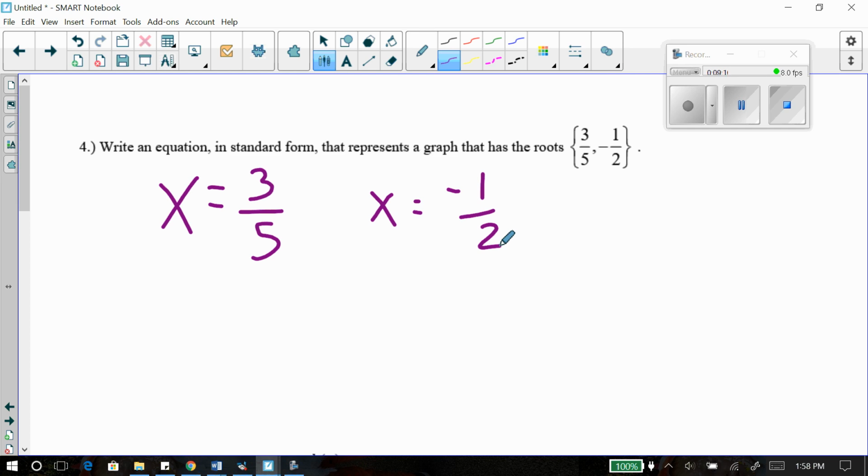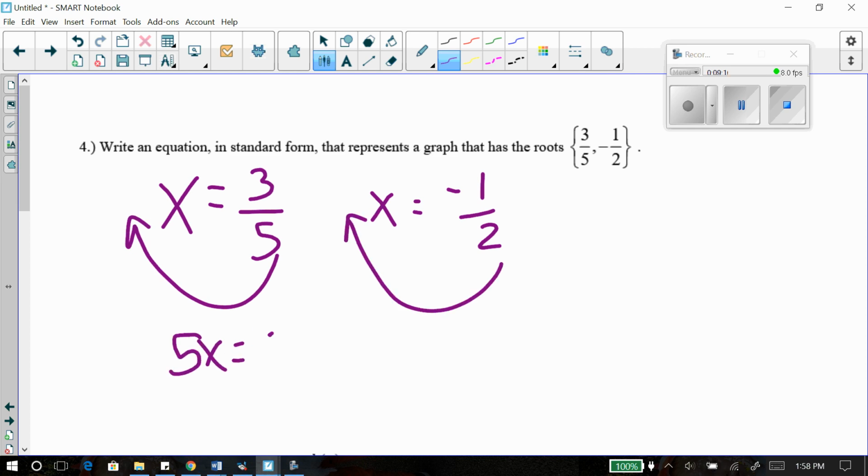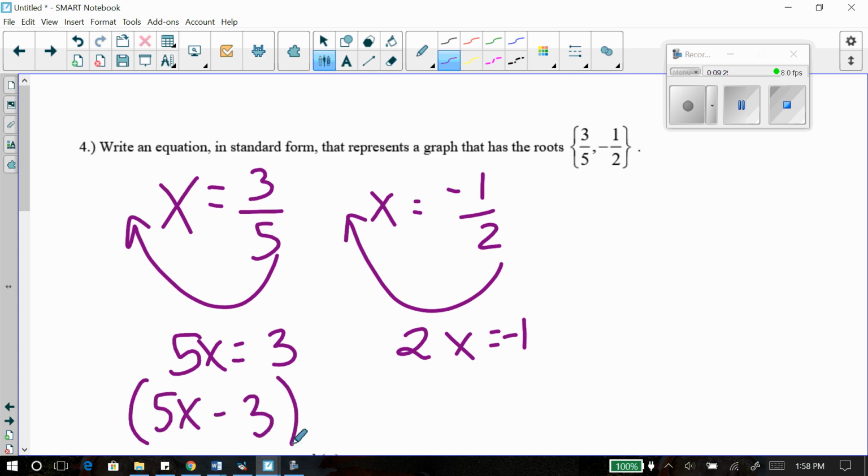So you swing the denominators up. 5x equals 3. You swing the denominator up. 2x equals -1. And now you switch your signs. 5x minus 3, 2x plus 1.